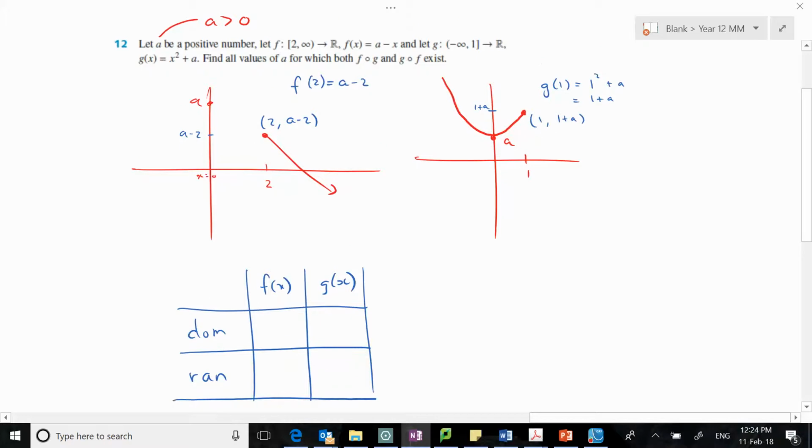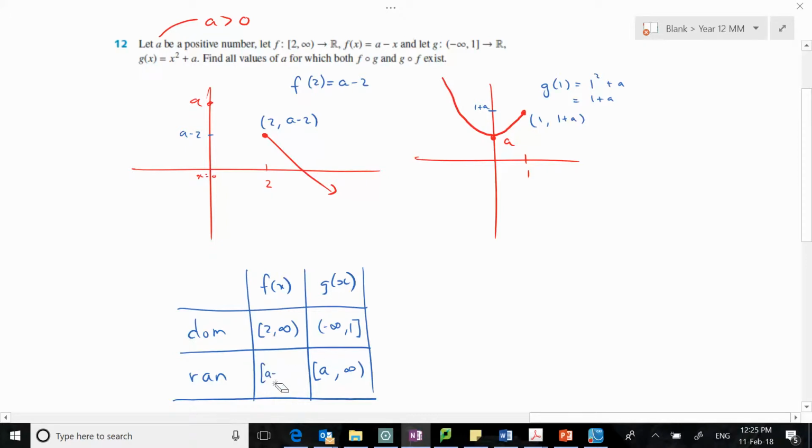Clearly, the domain given is 2 to infinity for the first one, and negative infinity to 1 for the other. The range, from the pictures, is a to infinity for g of x, inclusive of a to positive infinity. Whereas the range of the first graph, because it has a negative gradient and goes down, is from a minus 2.